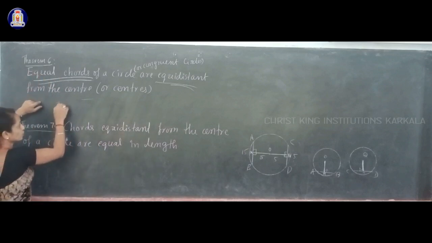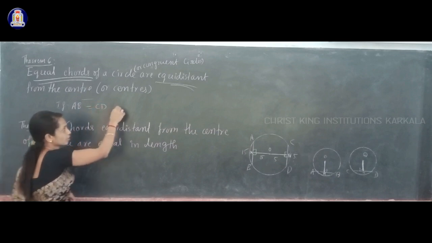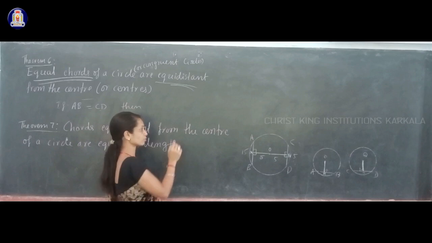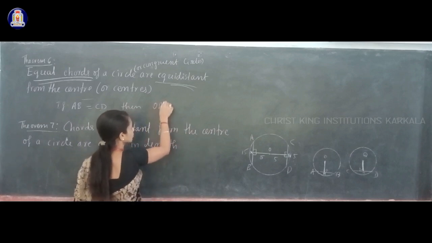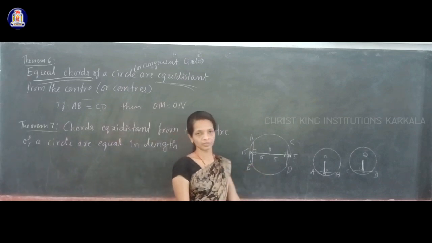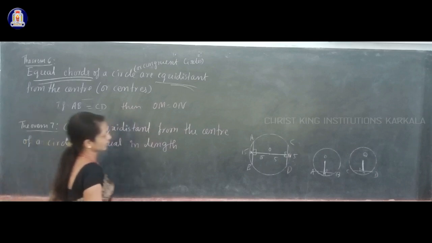In that, what we have taken is: if two chords AB and CD are equal, then they are equidistant from the center, meaning OM is equal to ON for this figure.